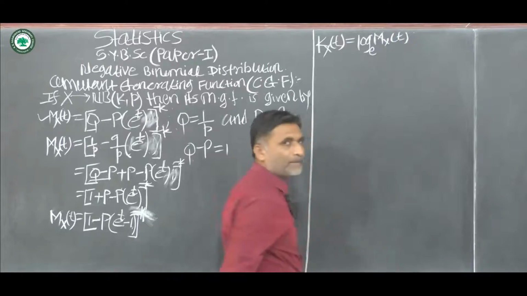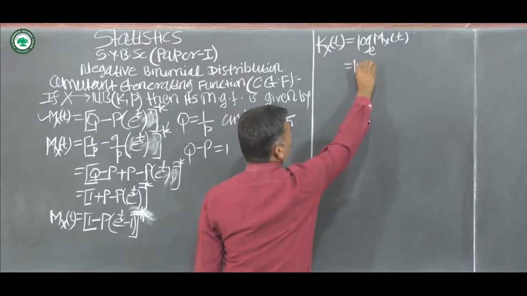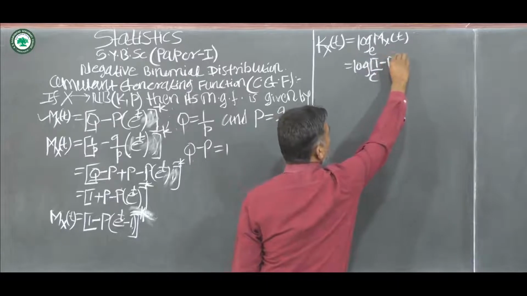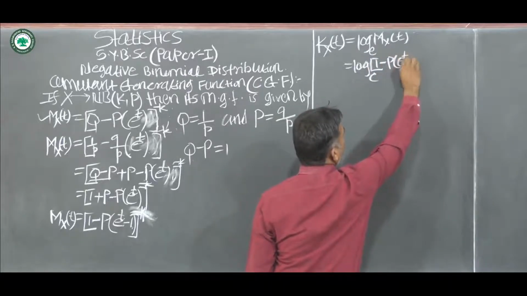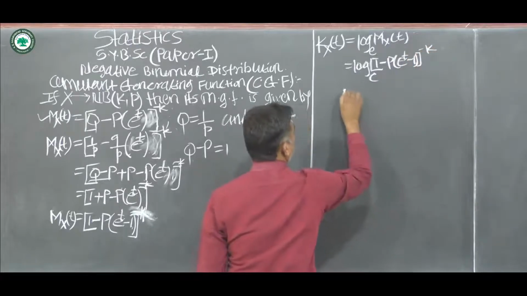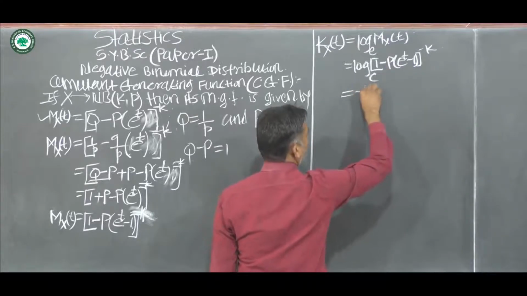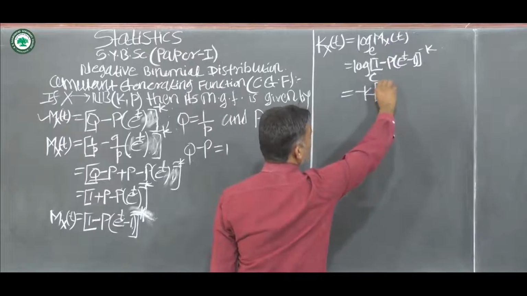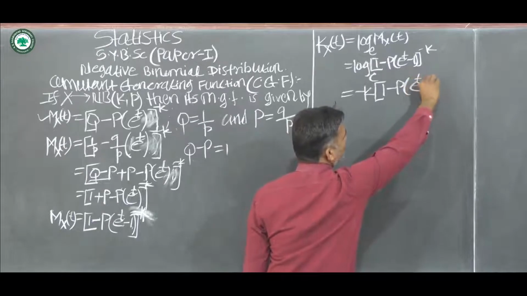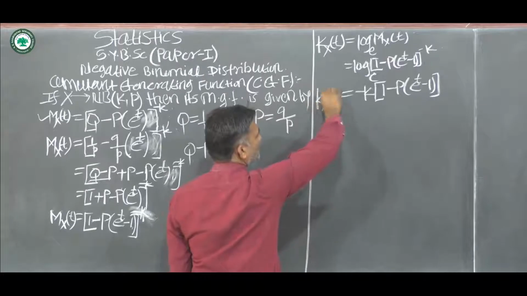Now we substitute the value of the MGF here, which gives log to base e of [1 minus P(e^t minus 1)] raised to minus k, which is equal to minus k into log of [1 minus P(e^t minus 1)].